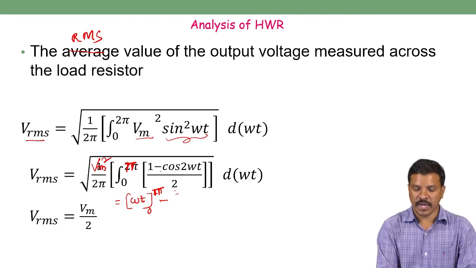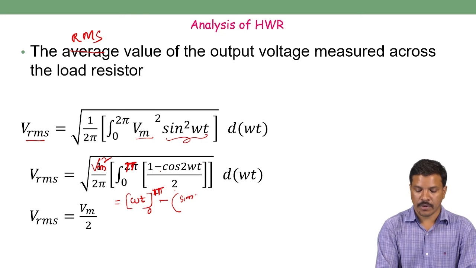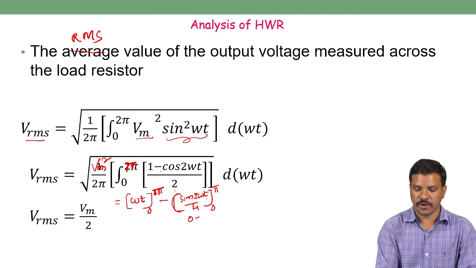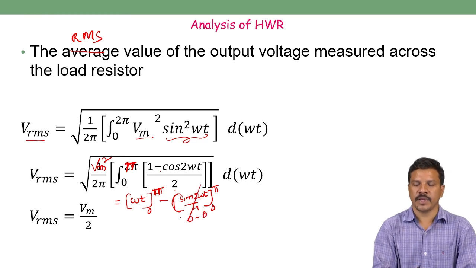So sin 2 omega t by 4, and apply the limits 0 and pi. In this case, for the upper limit sin pi is 0, and for the lower limit sin 0 is 0. So the entire thing will become 0.